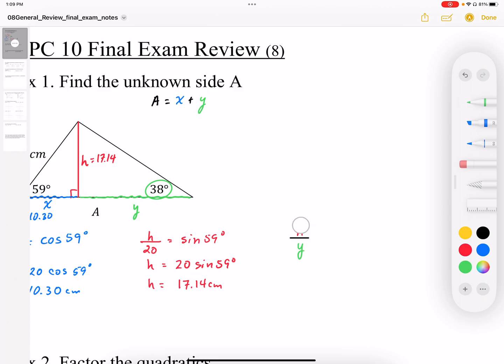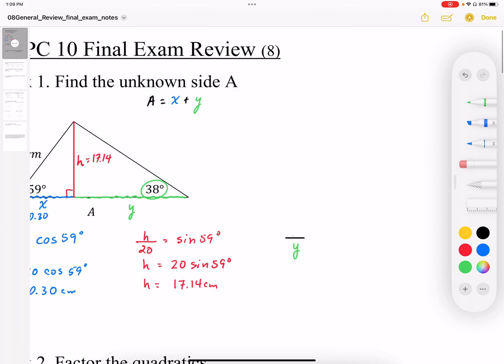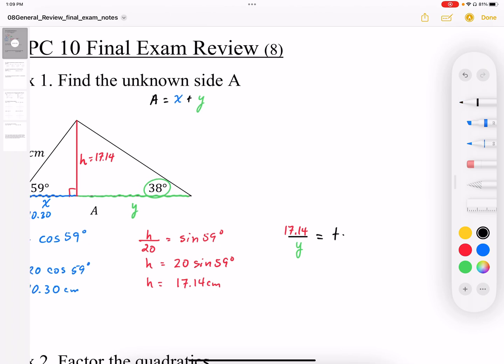I'm going to replace that opposite h with its length, 17.14, and opposite over adjacent is TOA, so tan. It's going to be tan of 38 degrees.